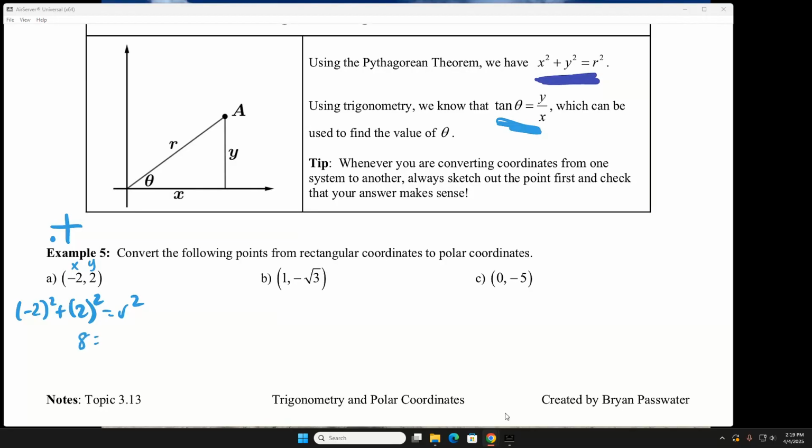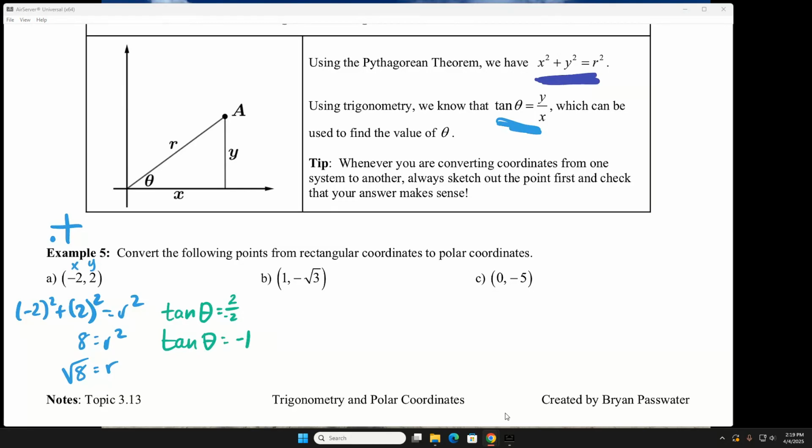So 4 plus 4 is 8. So r is going to be the square root of 8. We're just going to leave it like that. All right, then I want to find the angle. So to find the angle, I'm going to say the tangent of theta is equal to y over x, or in this case, the tangent of theta is equal to -1.